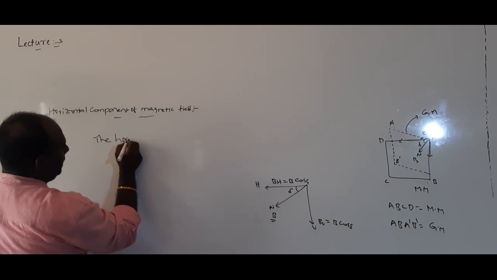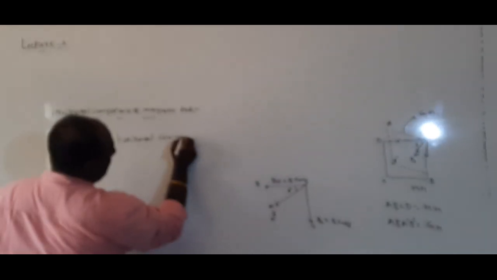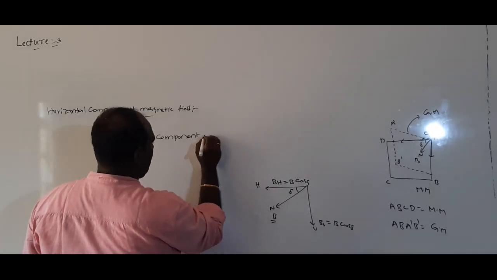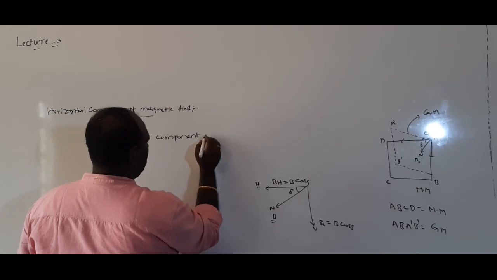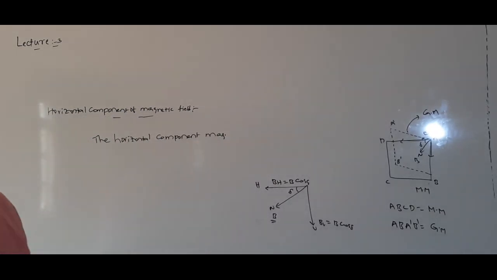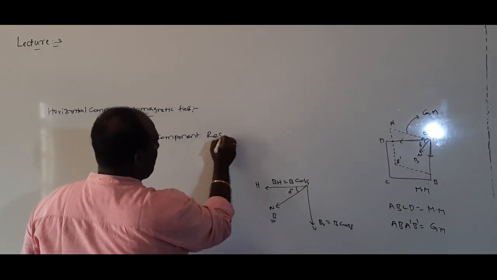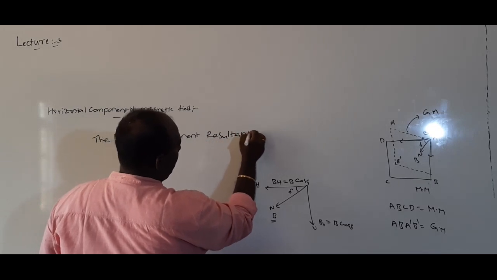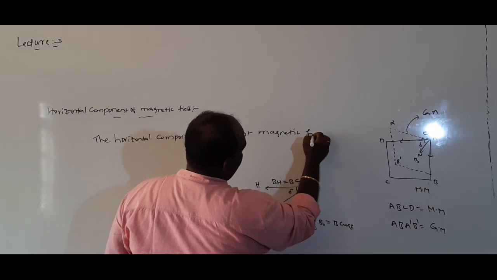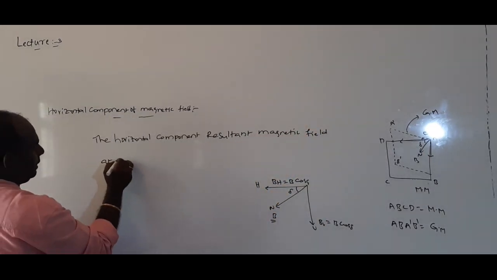Horizontal component of magnetic field indicates the horizontal component of resultant magnetic field at a particular position.